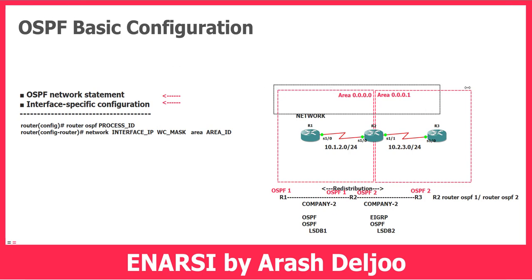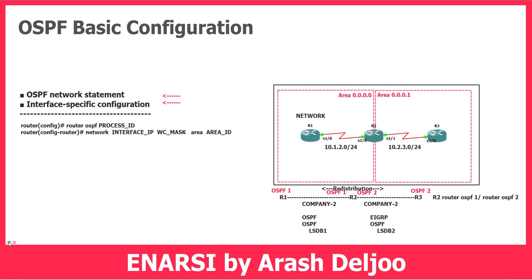Look here, this is our routing domain, one OSPF, but inside of the OSPF we have two area IDs. Inside of each OSPF instance, we can have more than one area. That's it.